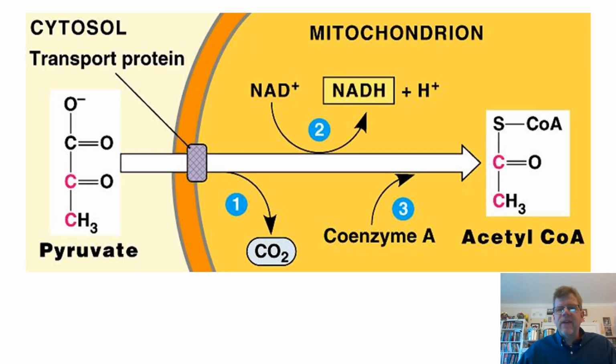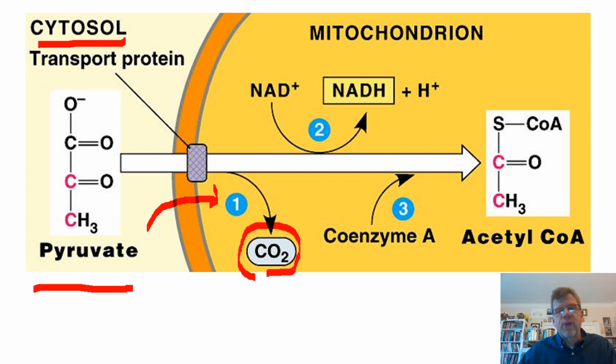So let's see if we can summarize that process of going from 3-carbon pyruvate outside the mitochondrion, going inside the mitochondrion and becoming our little bitty acetyl group to be linked up to coenzyme A. Okay, in this very generalized summary over on the left, we start outside of the mitochondrion within the cytosol. We have our 3-carbon pyruvate. Remember, that was the garbage produced by glycolysis, which occurs within the cytosol. So pyruvate has to be transported over the mitochondrial outer membrane into the mitochondria, at which point 3-carbon pyruvate loses that carbon dioxide molecule, so we've lost 1/3 of its bulk.